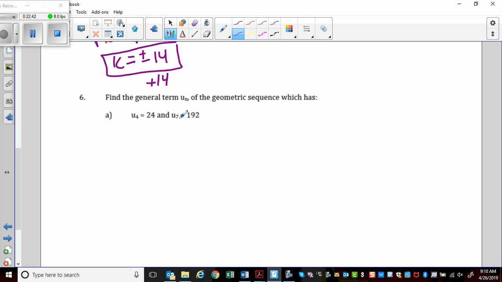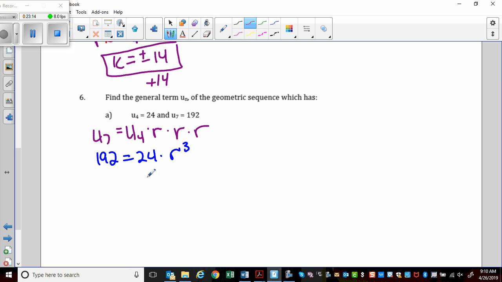Okay, well, u sub 7 equals u sub 4 times r, which is 5, times r, which is 6, times r, which would give us 7. Then u sub 7 they give us is 192 equals 24 times r cubed.